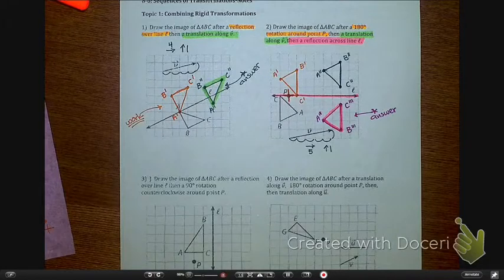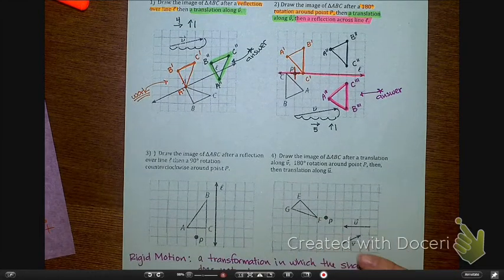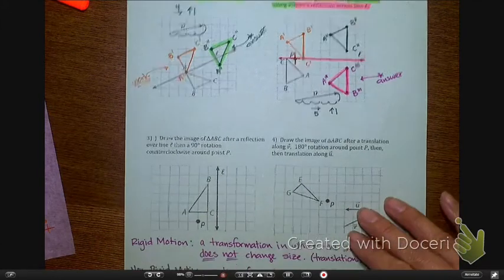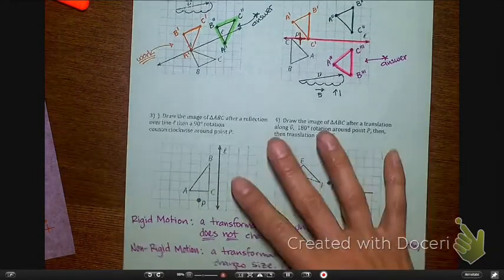Are there questions on that? No? Okay. What I want you guys to do is try number 3 right now. If you want, you can work with a partner or someone around you, or you can work on your own, but I want everyone to give number 3 a try.